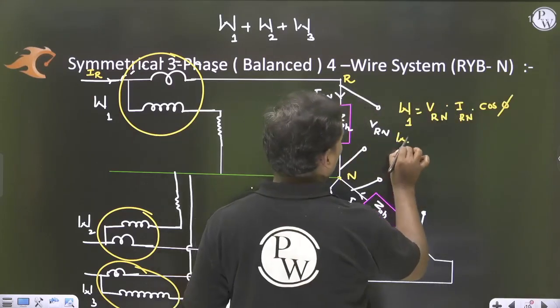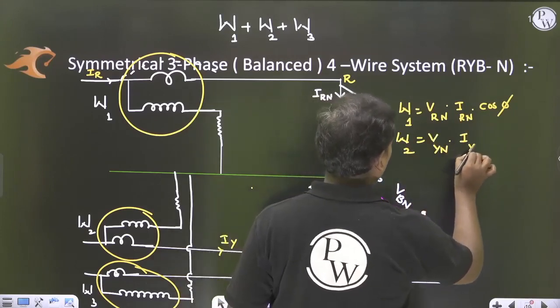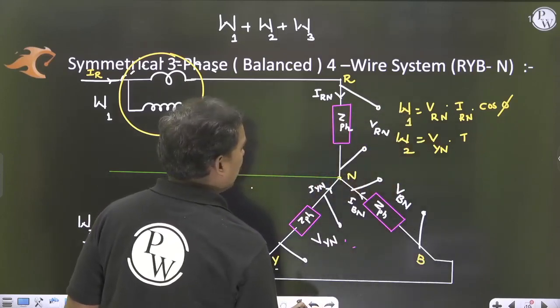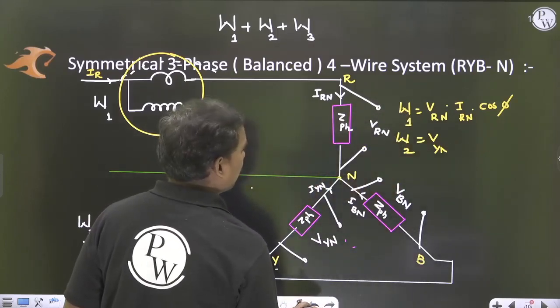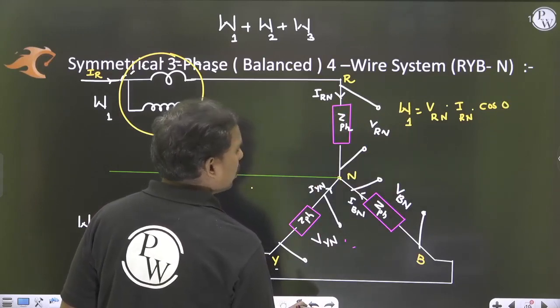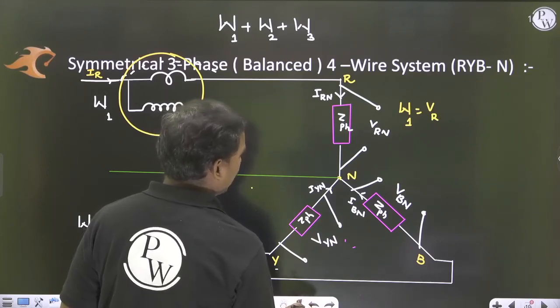W2 will give you VYN, IYN cos phi. That means we can take W1, W2, W3 like this. W1 is giving one phase, W2 is giving the second phase, W3 is giving the third phase.